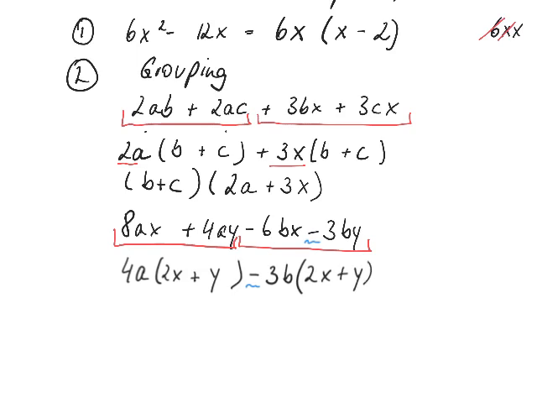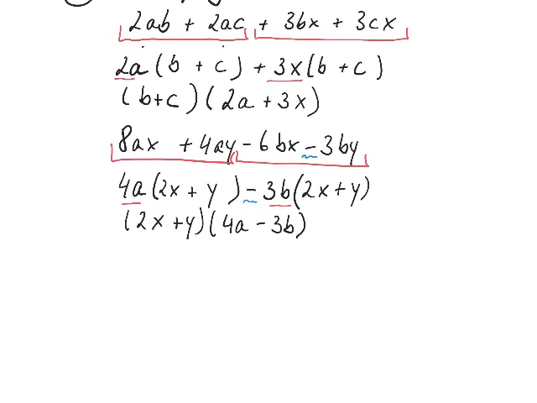Okay, so my brackets are the same, so that would be one of the brackets, 2x plus y, and the other bracket would then be 4a minus 3b.